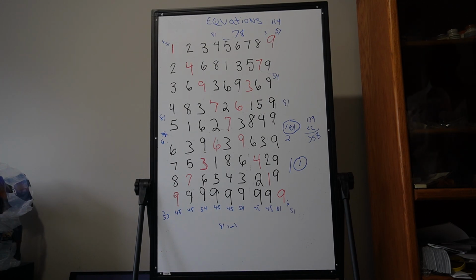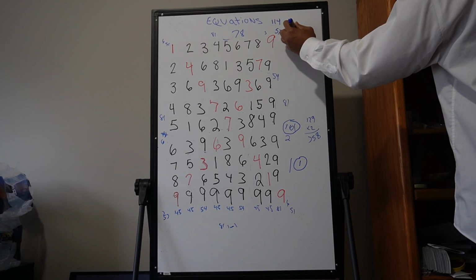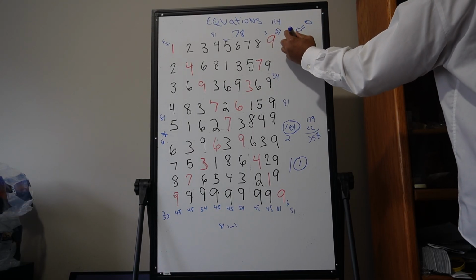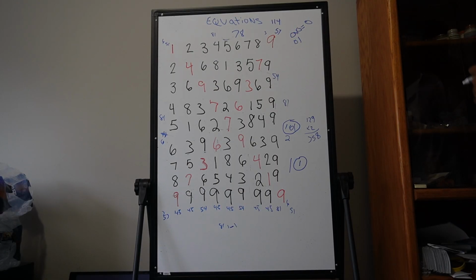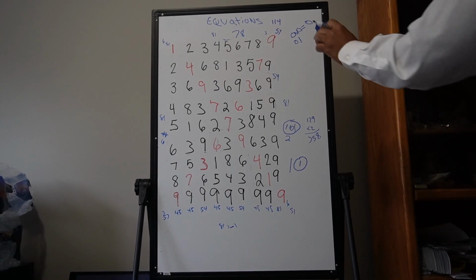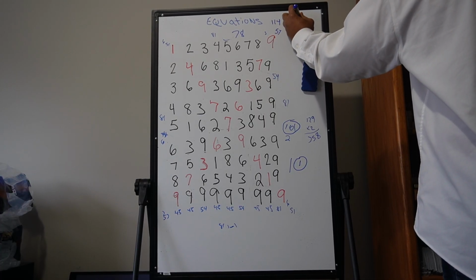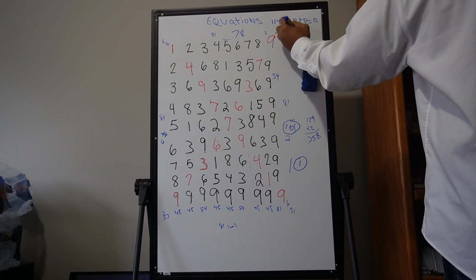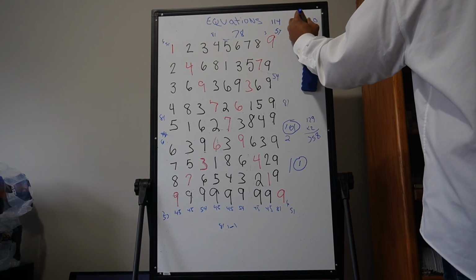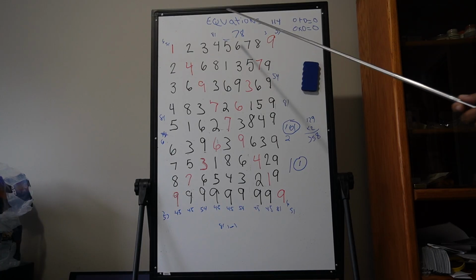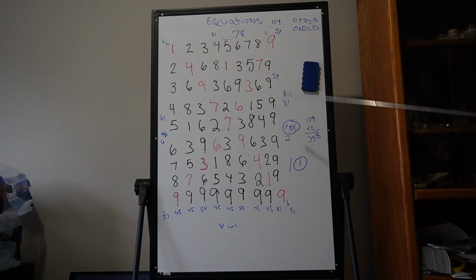Let me show you something here. 0, as I'm showing you, is the beginning. I'm writing it sideways here. 0 plus 0 equals 0. 0 times 0 equals 0. The 0 has all of these numbers within the 0.